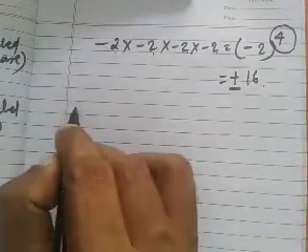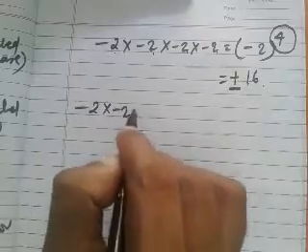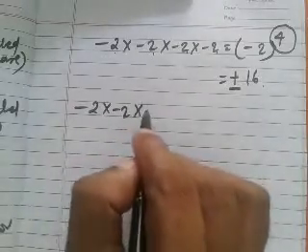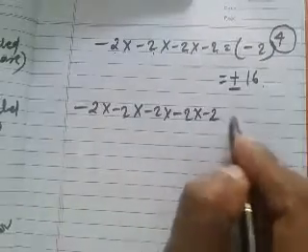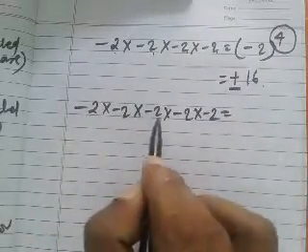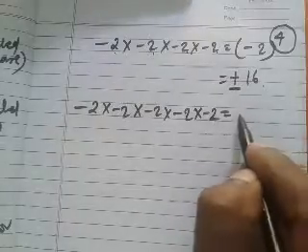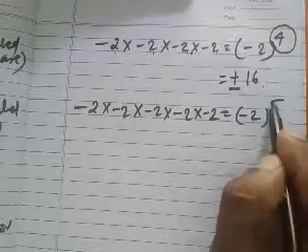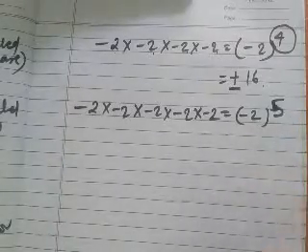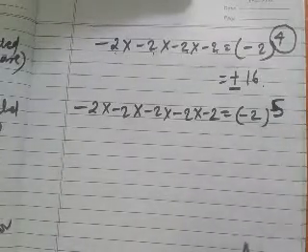Next, if -2 is repeated five times, 1 2 3 4 5, then -2 is the base and its power is 5, an odd number.